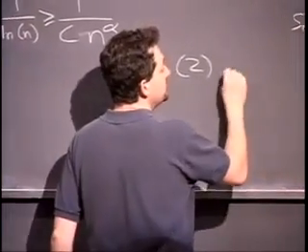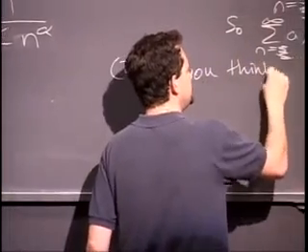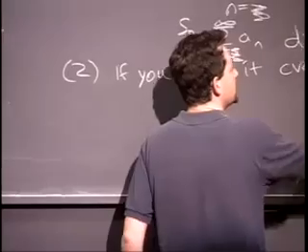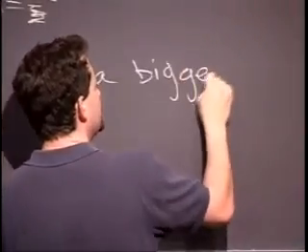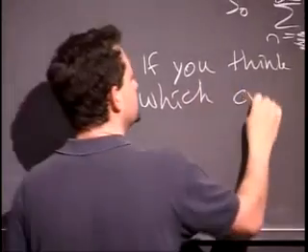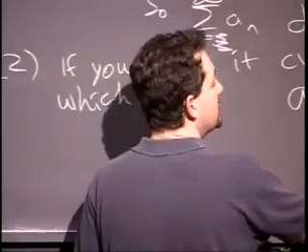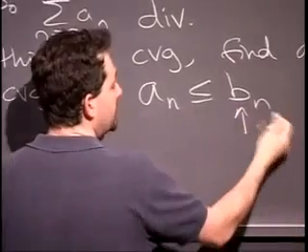To get the convergence, if you think it converges, find a bigger series, which converges. So now we're trying to find a b_n that's bigger. Find this.